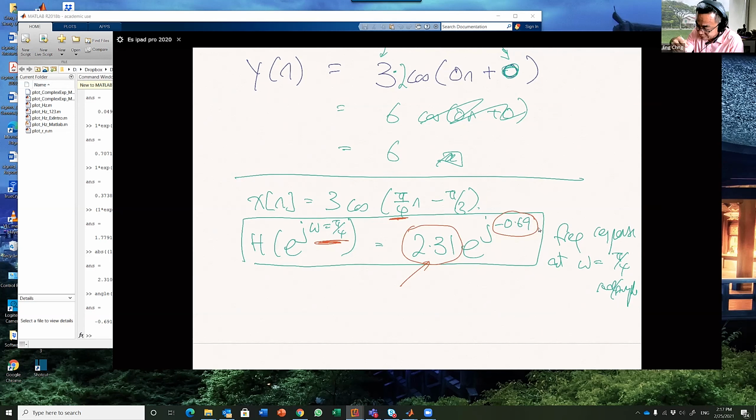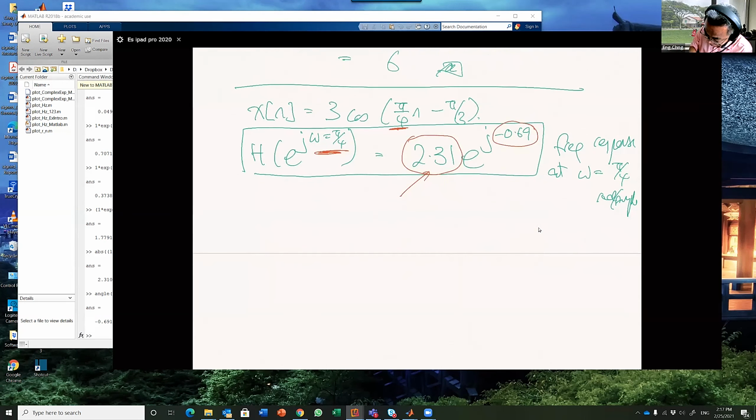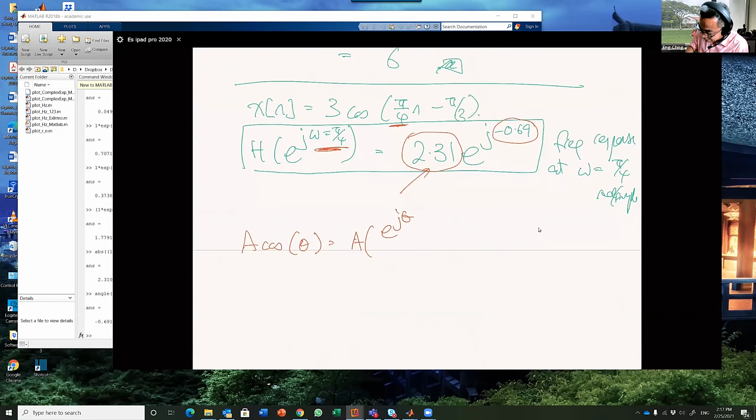The other one is at minus pi over 4n. Why am I saying that? Because remember, cosine theta is equal to e^jθ plus e^minus jθ over 2. Do you all remember this Euler equation?